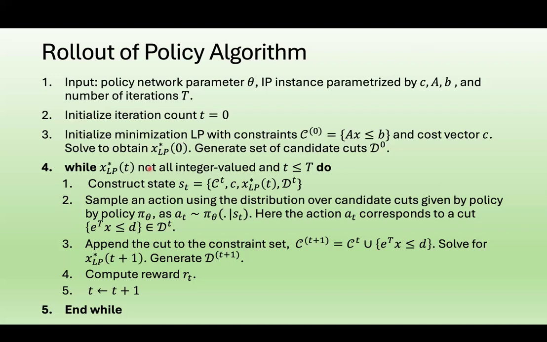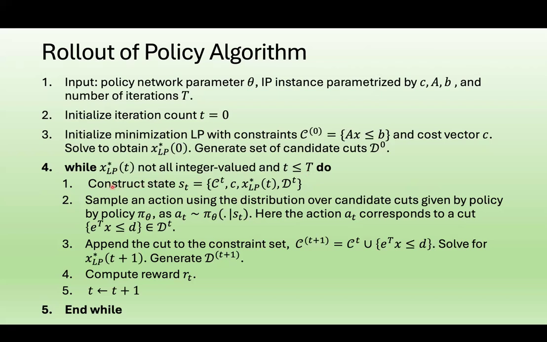The other condition which we added was to restrict the number of iterations to be less than or equal to capital T, because in ILPs of very large size, it might take very long for this loop to stop.